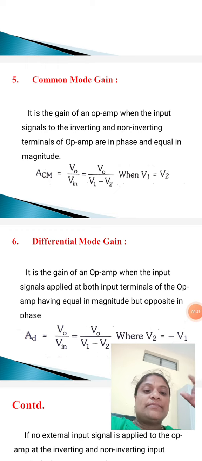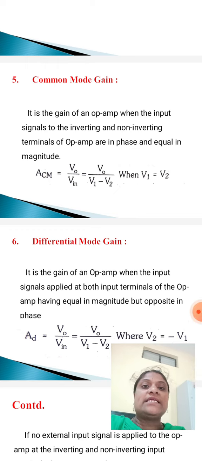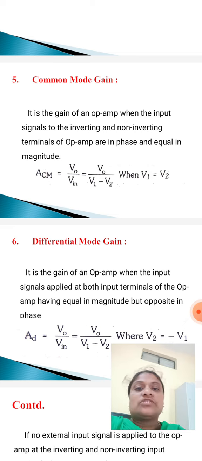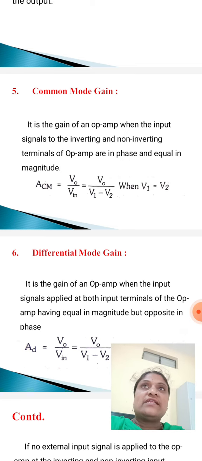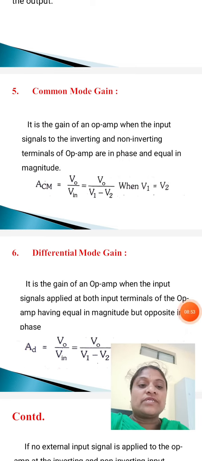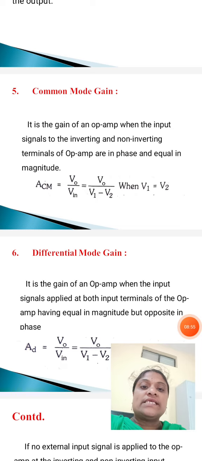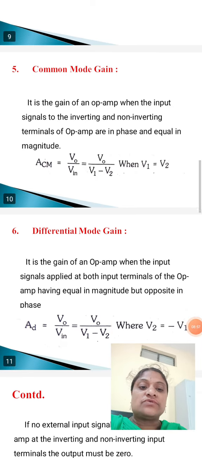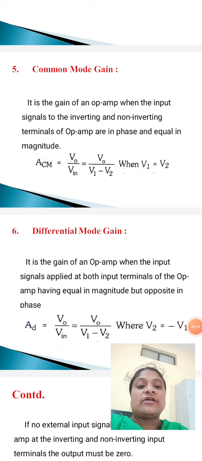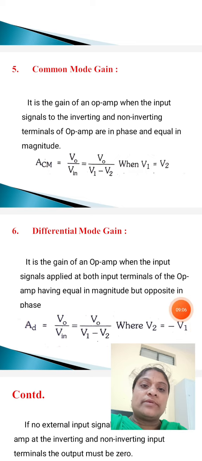Gain is denoted by capital A, and here the common mode gain is denoted by capital ACM. We know the definition of gain: it is the ratio of output voltage to input voltage. The same formula is used here, therefore ACM is equal to V out by V in.